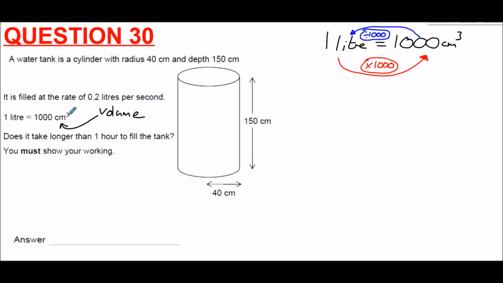Just returning to what I said earlier, it is a big clue that we're going to have to calculate the volume of this cylinder. And so the volume of a cylinder has a formula. A cylinder is actually a type of prism because it's got the same shape running all the way through it.